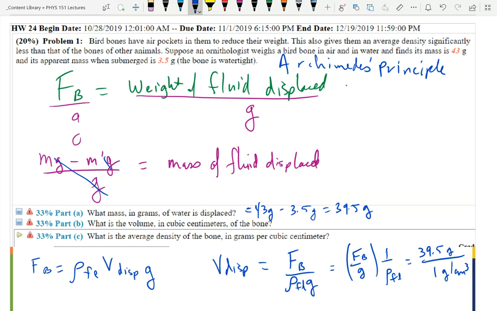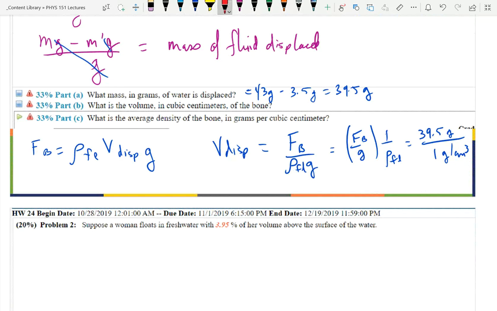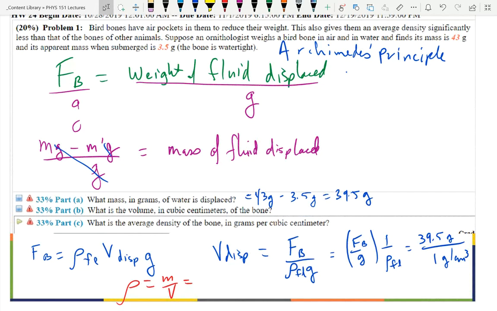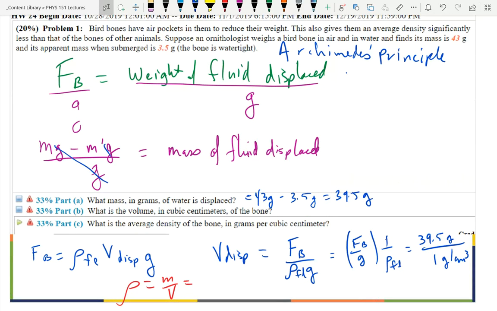Finally, what is the average density of the bone in grams per centimeter cubed? If I know the volume and I know the mass, how do I find the density? Just like in lab, right? You did all of this for lab. How did I find the density in lab? Mass by volume. So what number do I use for mass here? The 43.